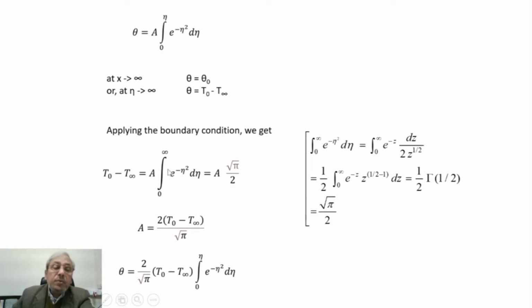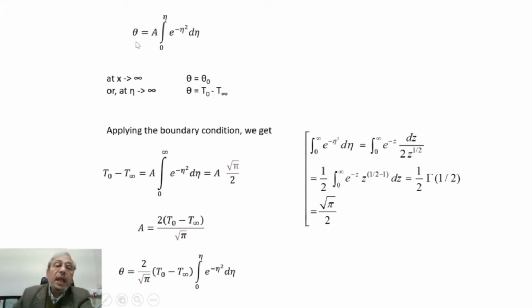Now A into integration 0 to infinity e to the power minus η² dη. This integration is root pi by 2. Basically it is a gamma function, gamma half by 2. So root pi by 2, we can write this. So from here we can write A equal to 2 into T naught minus T infinity by root pi.